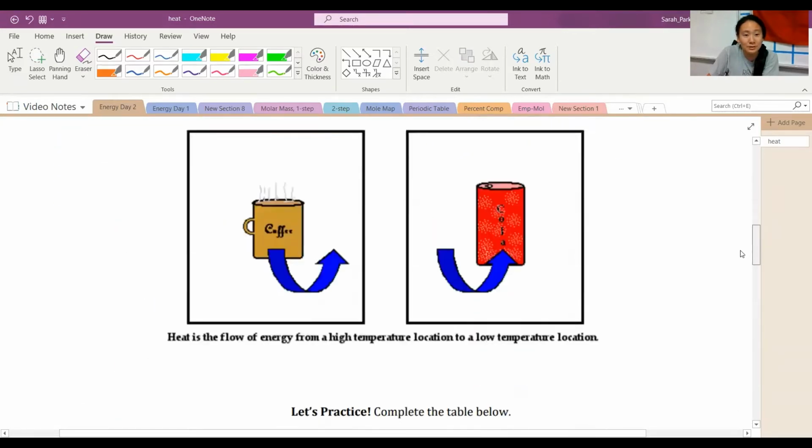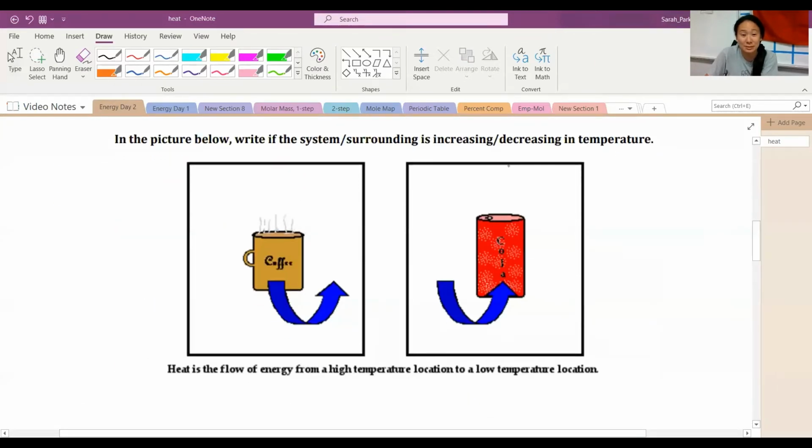So here are some examples about system and surroundings. If you have a hot cup of coffee, this is what we would call our system. Then what would be the surrounding? The surrounding would then be the air around it, right? The air is what surrounds that hot cup of coffee.